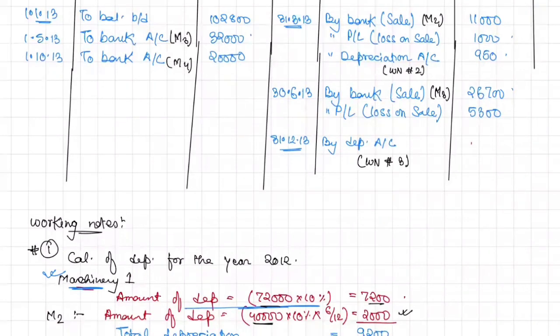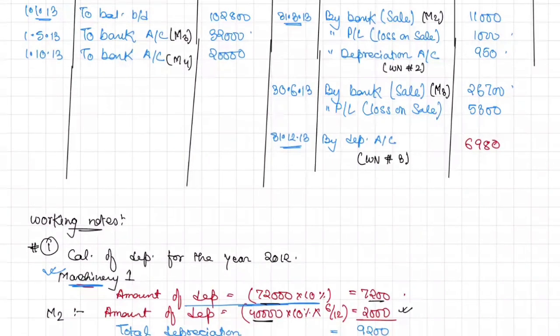Now if we add it, what will it come to? 1,02,800 plus 32,000 plus 20,000 is 154,800.